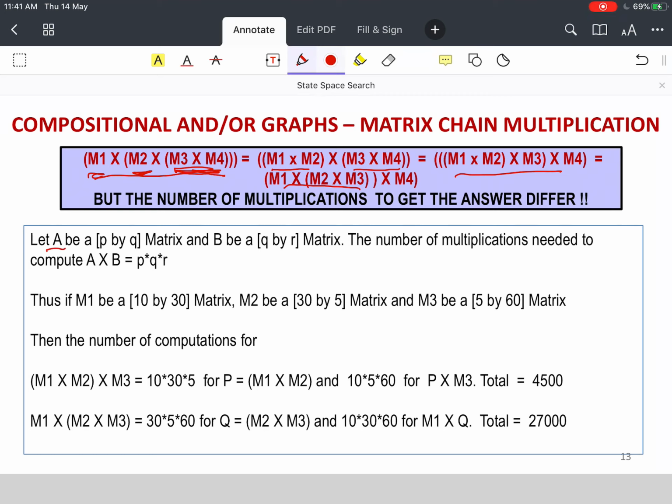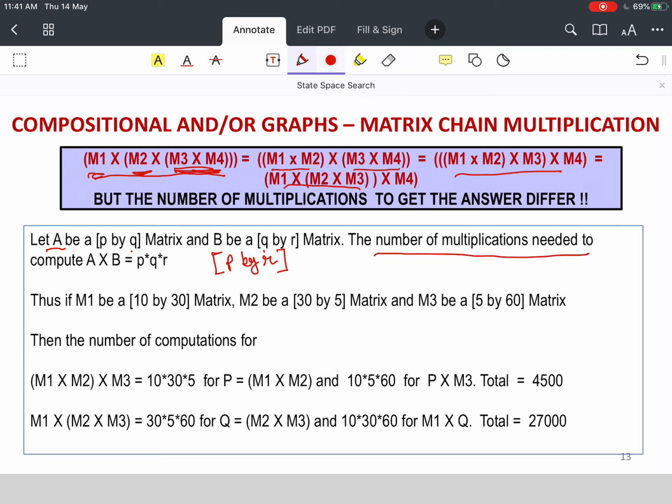Let us look at why. Let A be a P by Q matrix, and let B be a Q by R matrix, because if they are to multiply, then the second dimension of matrix A and the first dimension of matrix B must match. And the final solution AB is a P by R matrix.